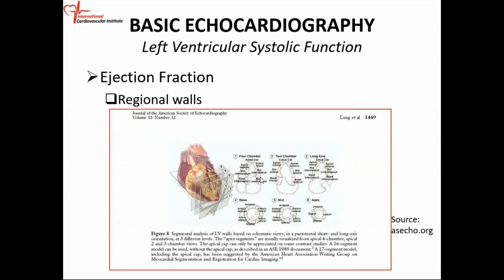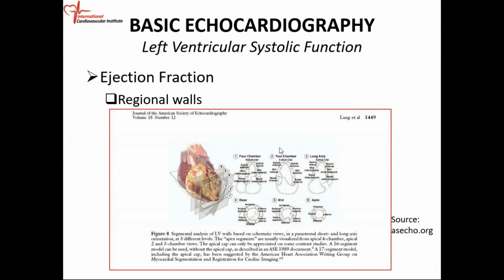So this would be your basal anterolateral wall, your mid anterolateral wall and the apical anterolateral wall. And then for your septum, basal inferior septum, mid inferior septum, and your apical septum. And sometimes we talk about the apical cap.